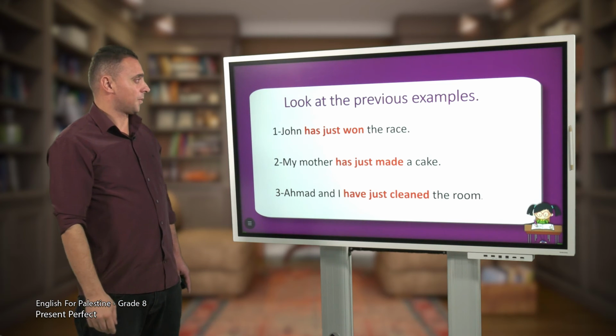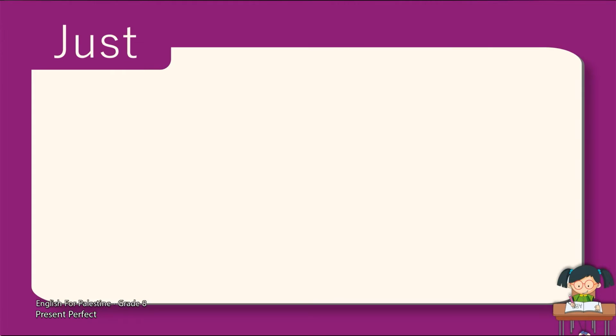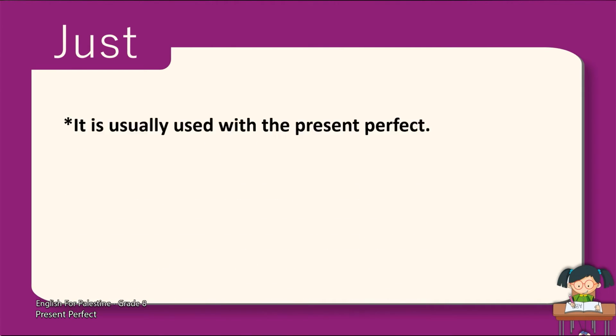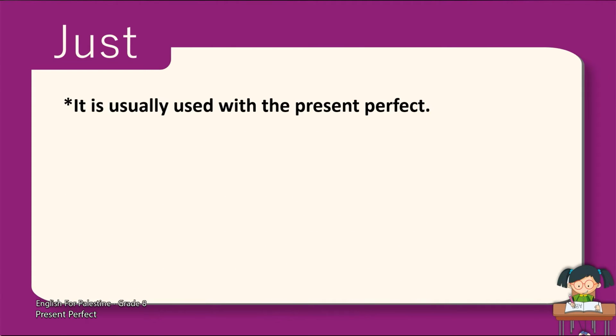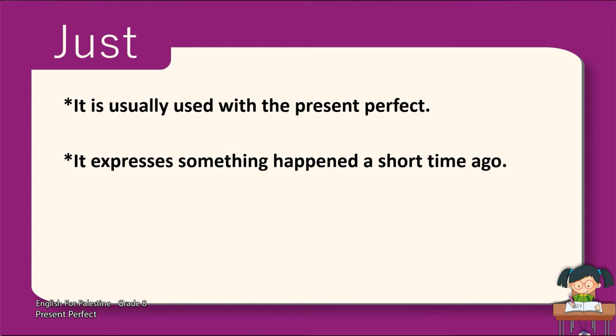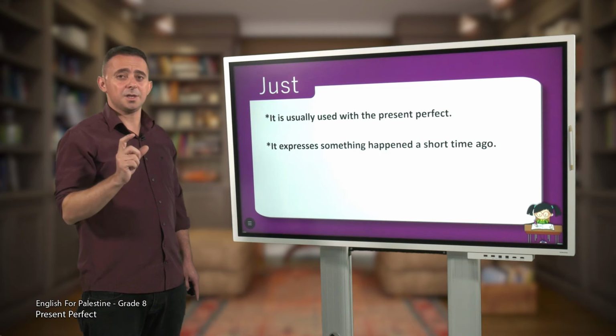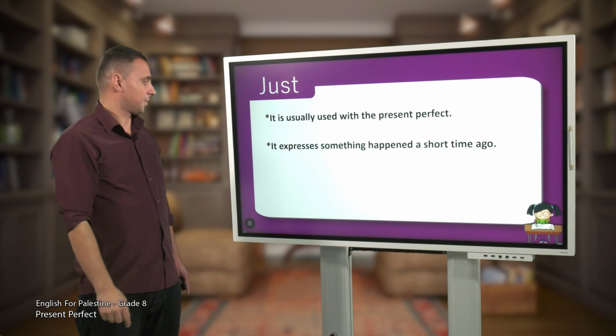Let's continue. What about, dear students, the use of just? Let's read. It's usually used with the present perfect. It expresses something that happened a short time ago, and the result of the action is still there until now.